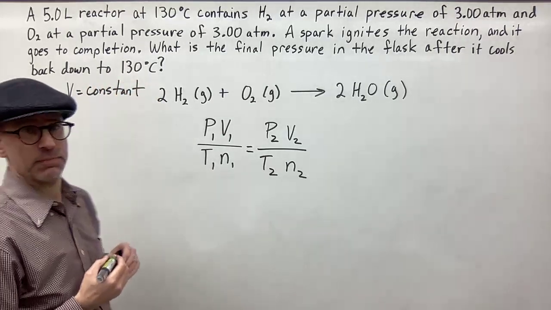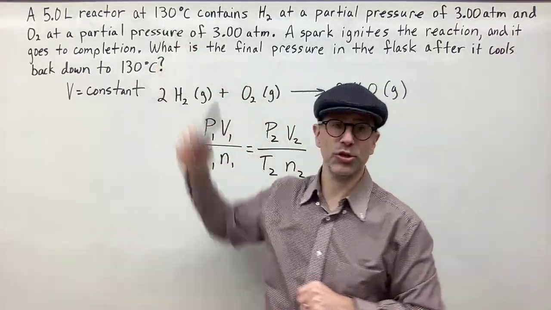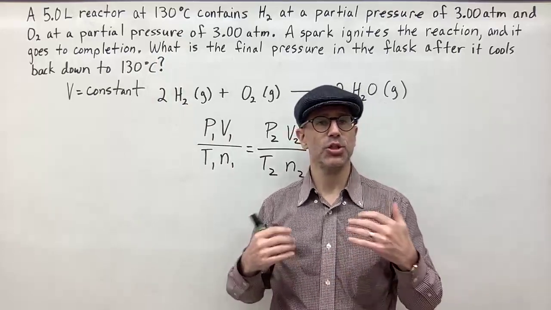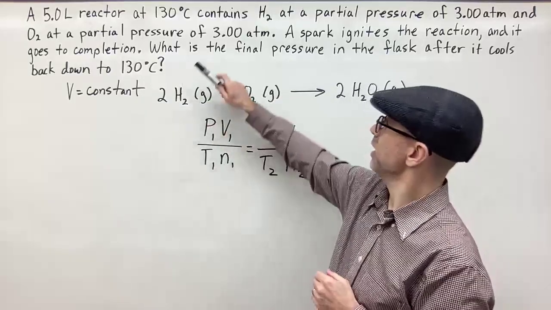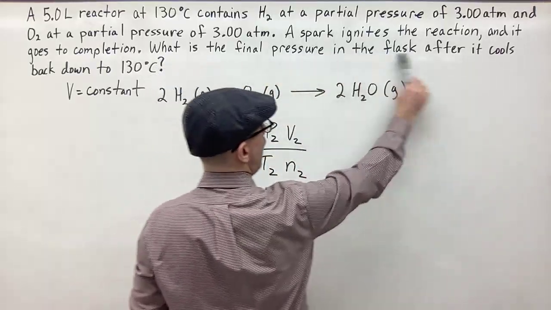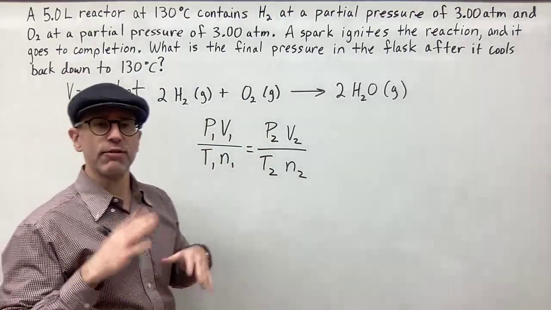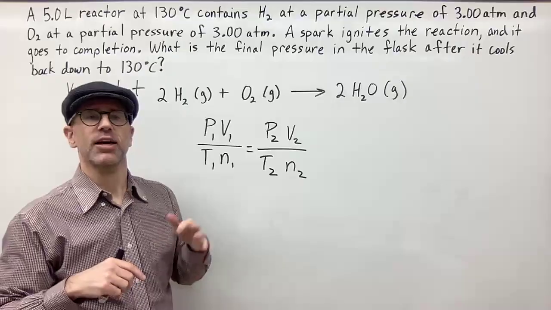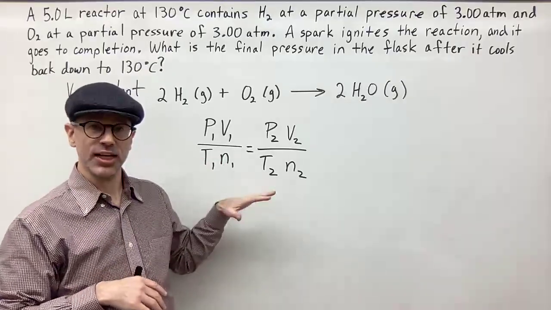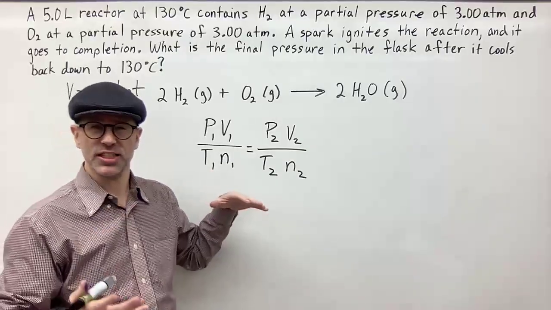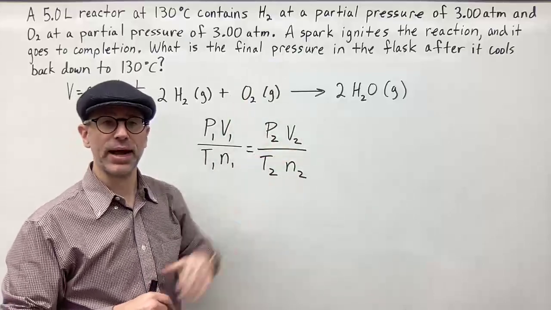What about the temperature? We're told that the reaction vessel is at 130 degrees Celsius to begin with, then a reaction occurs, and then we're told that the flask cools back down to 130. Even though the temperature fluctuates during the reaction, it seemingly went up to a certain temperature and then came back down.